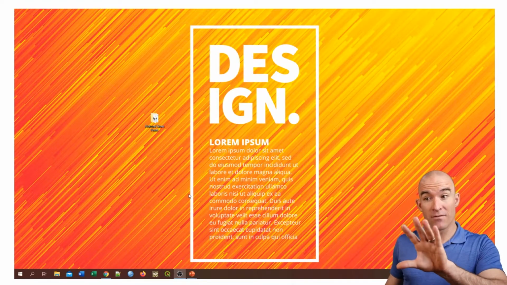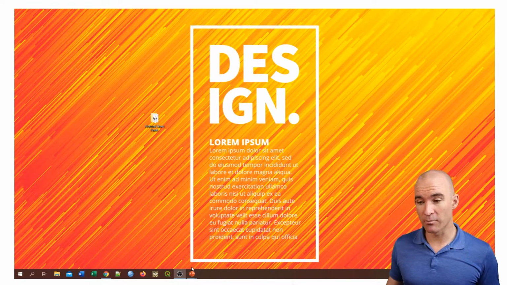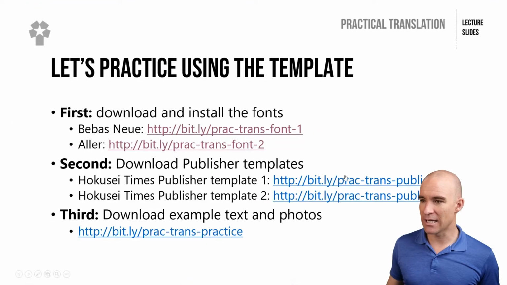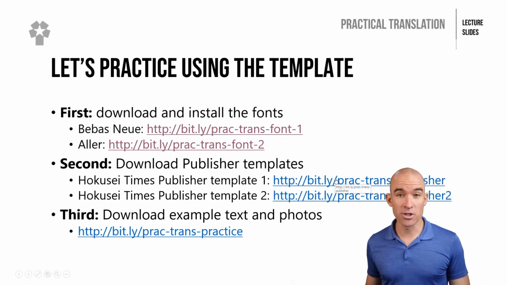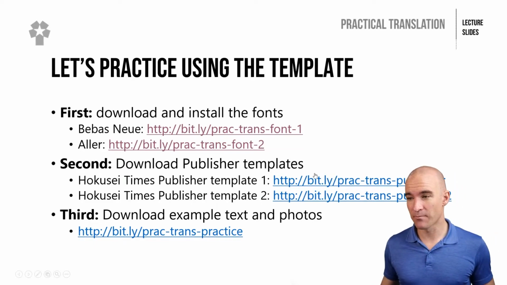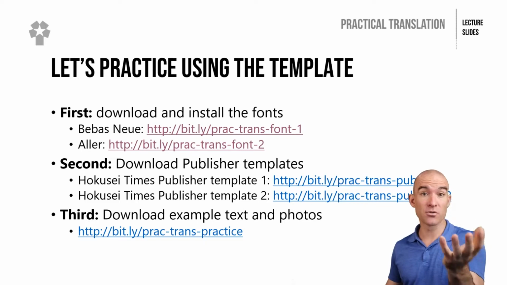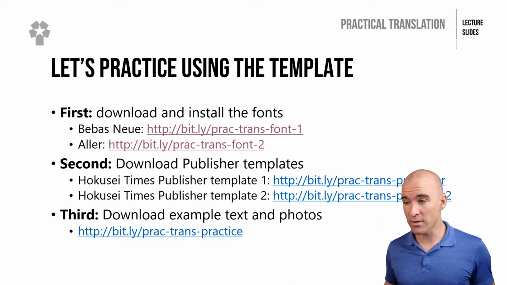Okay, so now we have the fonts installed on the computer. The next step is to download the Publisher templates that we will use. Okay, so you'll see here Hokusai Times Publisher Template 1. There's two templates with different layouts. You can choose to use whichever you want.